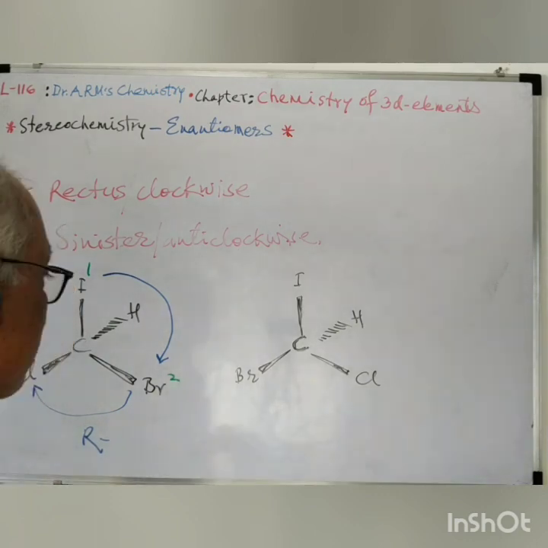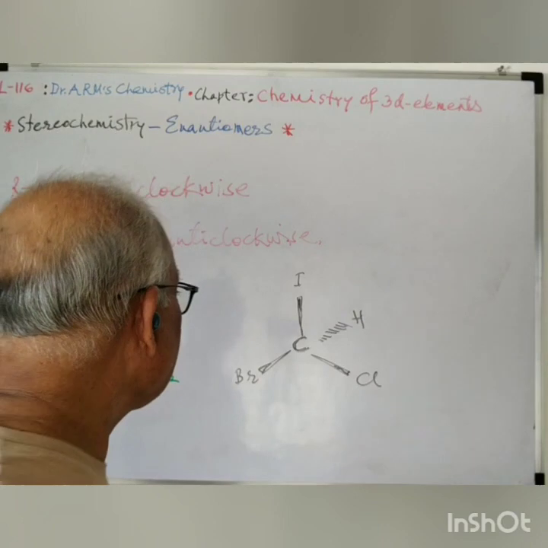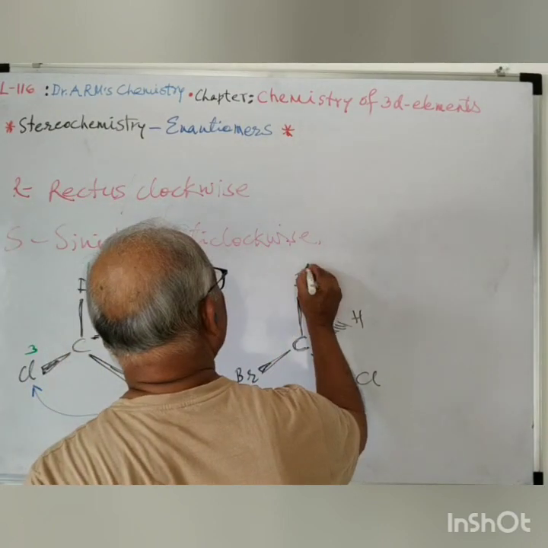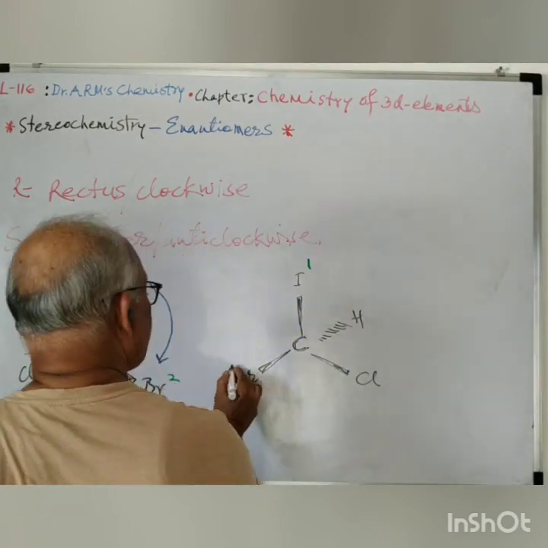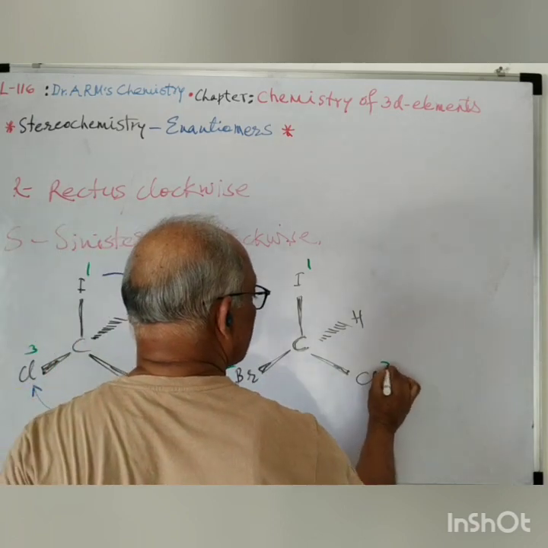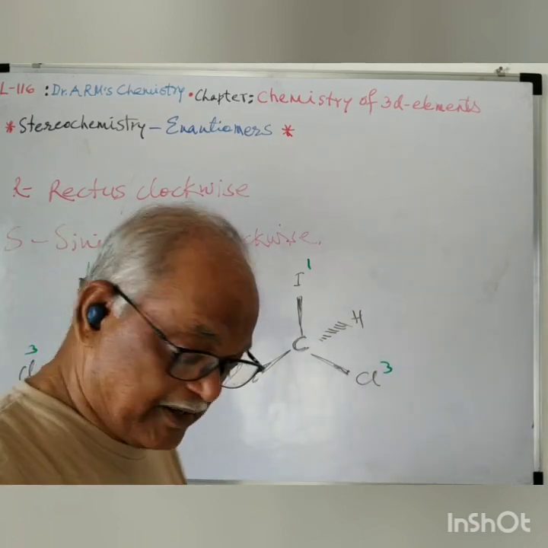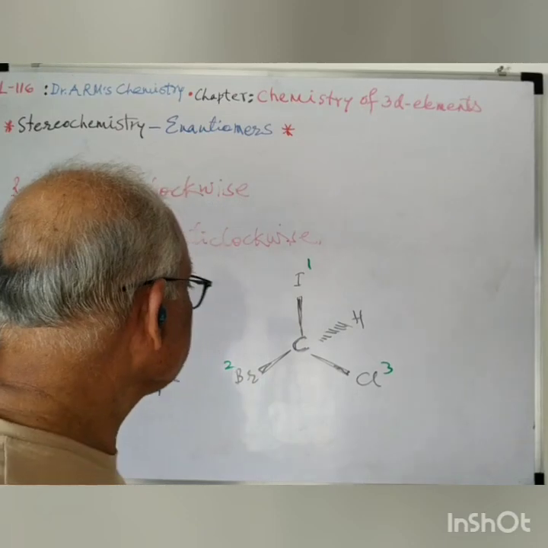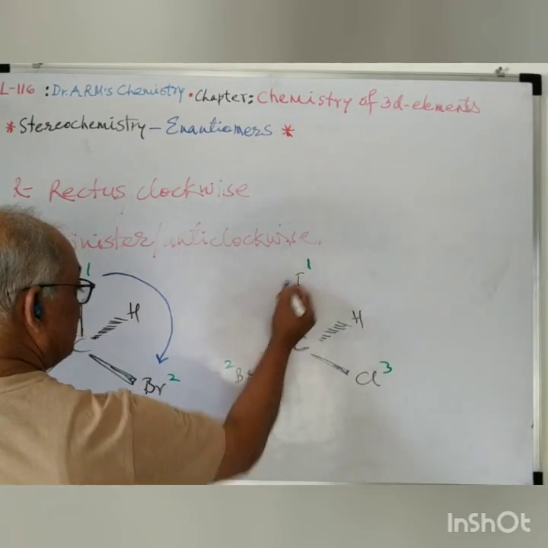In this case, we are having the same priority 1. Bromine has second, chlorine has third priority, and the order is like this, 1, 2.